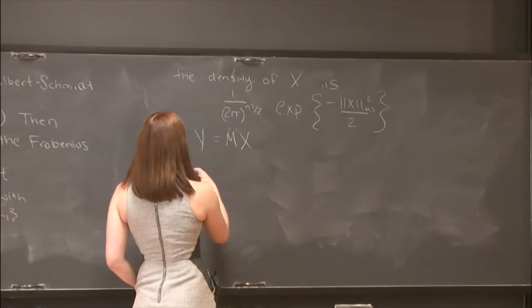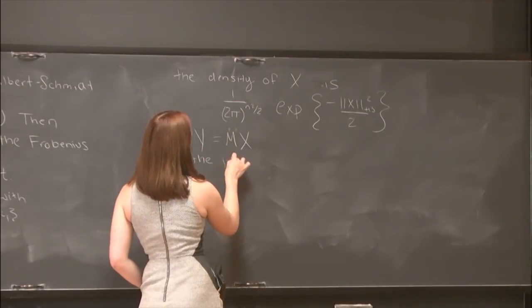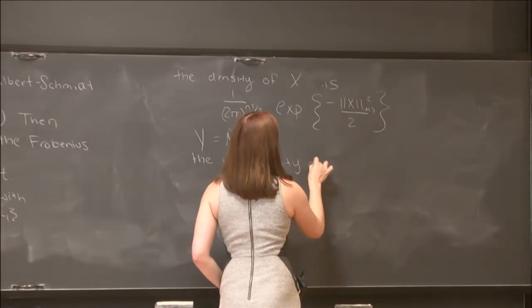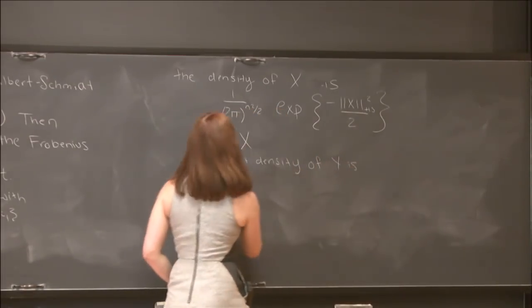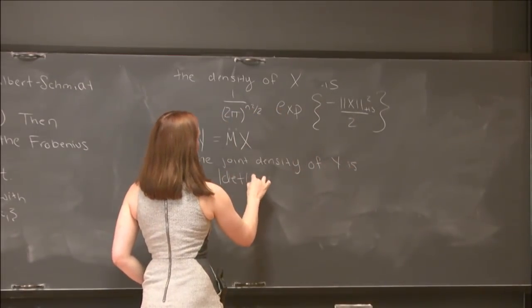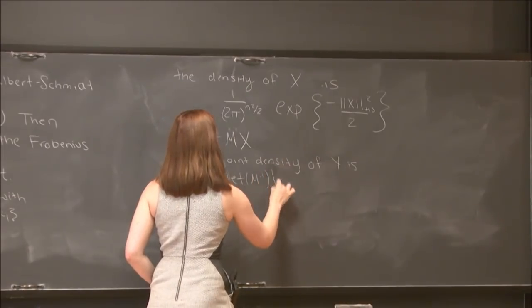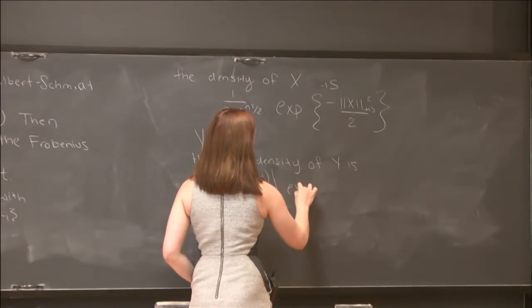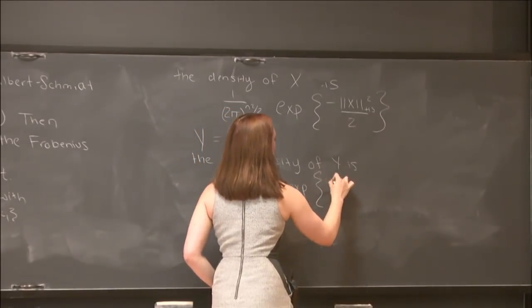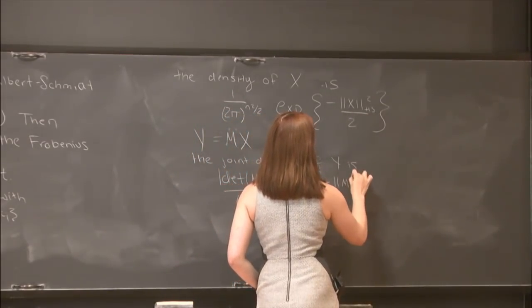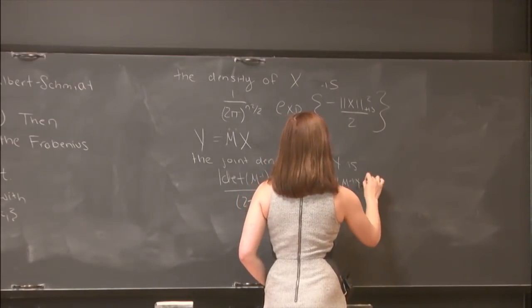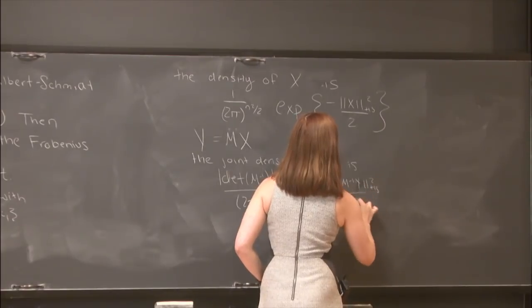So here, the joint density of the entries of y is given by the absolute value of the determinant of m inverse over 2 pi to the n squared over 2 times e to the minus the Frobenius norm squared of m inverse y over 2.